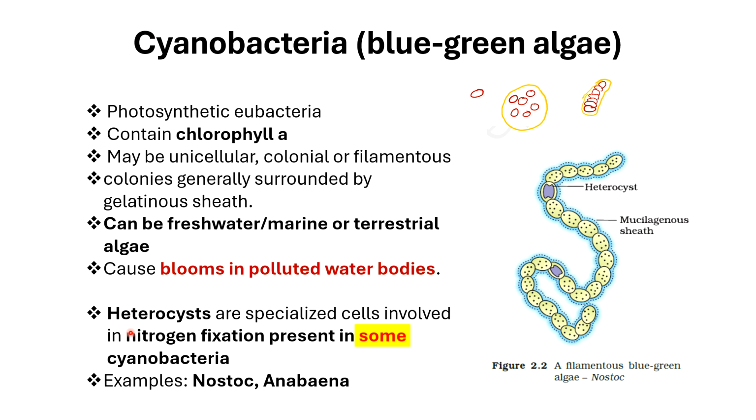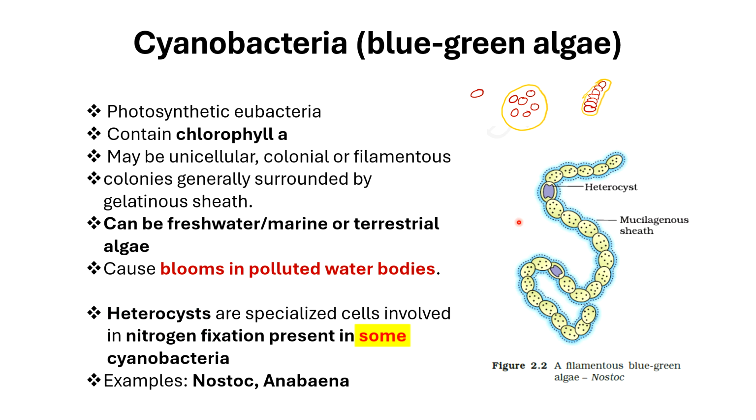Another very important point is that some of the cyanobacteria, pay attention to the some, not all, can help in nitrogen fixation, and they have a special type of cells present in them known as the heterocysts.